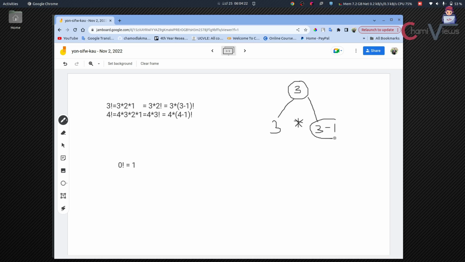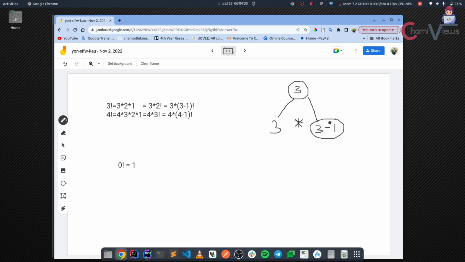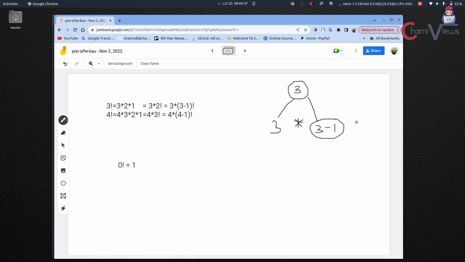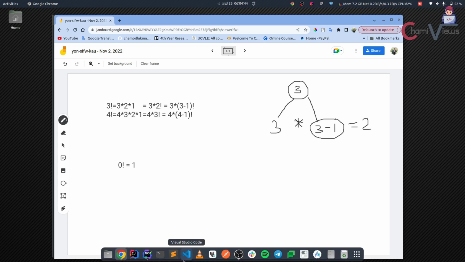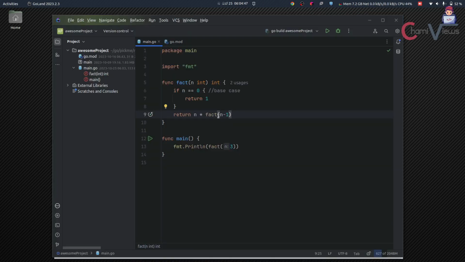That is 2, and then it calls again with 2. Again it checks if n equals 0, not, then again returns n multiplied by factorial of n minus 1.